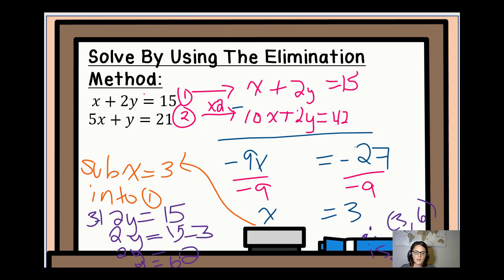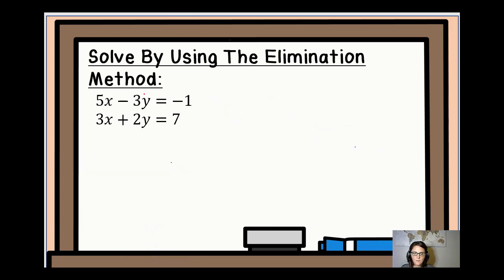Okay, let's go ahead and look at our next example. So again, we're going to use the elimination method, and we need to either get the x's or the y's to match. It doesn't matter. So the first thing I'm going to do though is label equation 1 and equation 2. Okay, so I'm going to eliminate the x's. So I'm going to multiply equation number 1 by 3 and multiply equation 2 by 5.